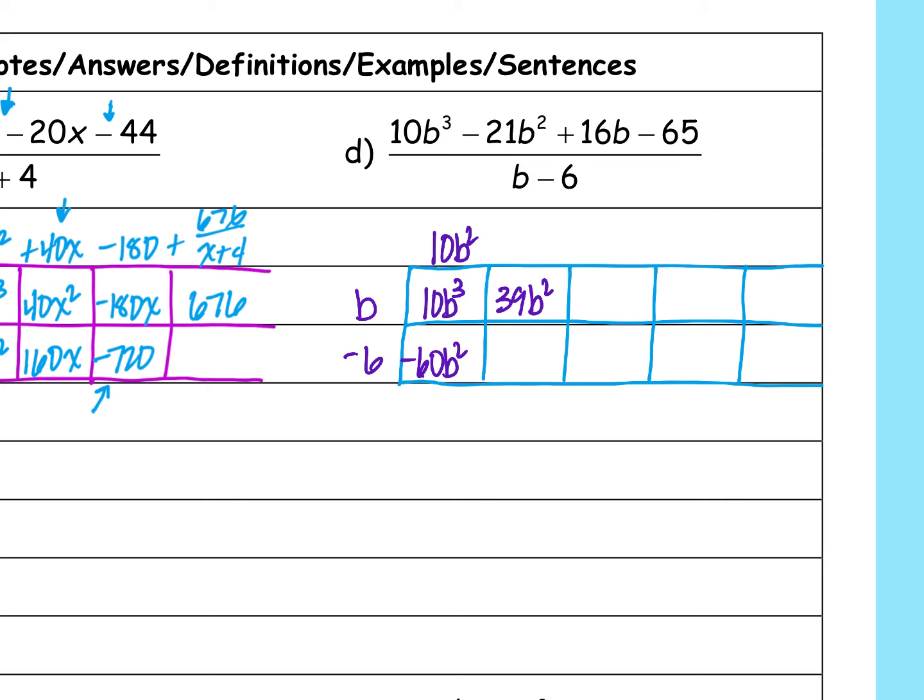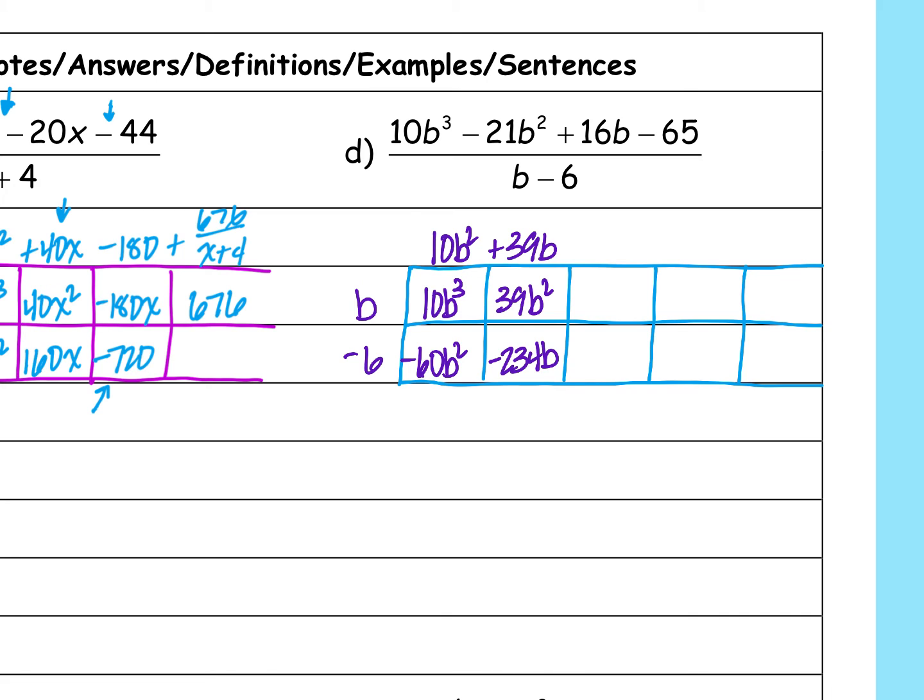And then I multiply 39b times b to get 39b squared. And 39 times negative 6 is, oh, is that where I messed up at? Negative 234b, and that's where I messed up.